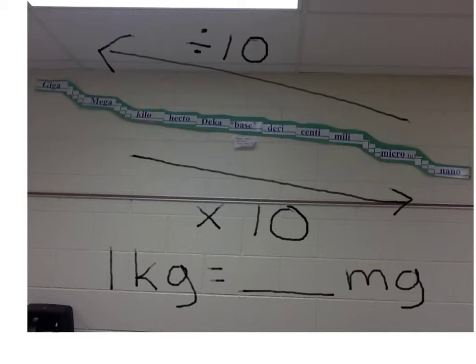So 1 times 10, so that's 10. 10 times 10, 100. 1,000. 10,000. 100,000. 1 million. So our answer would be, indeed, 1 million, if you like the Austin Powers movies. 1 million milligrams. And that makes sense because there should be a lot of itty bitty little milligrams in one big kilogram.